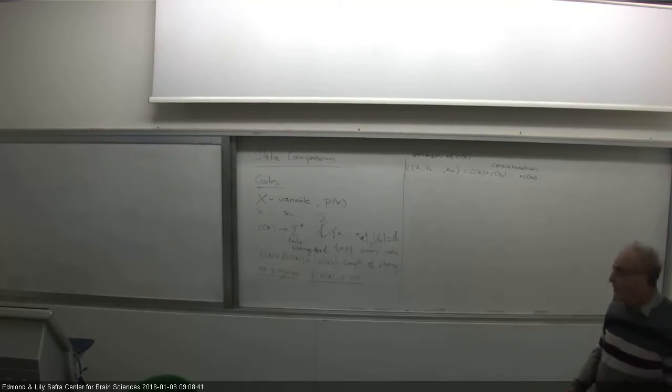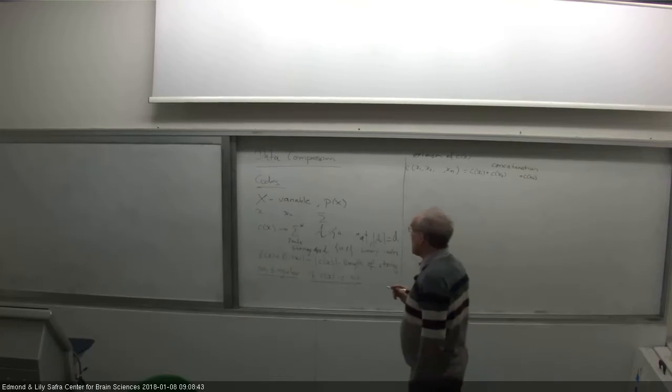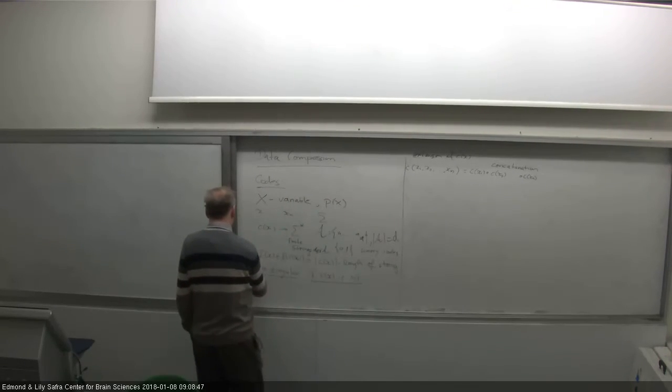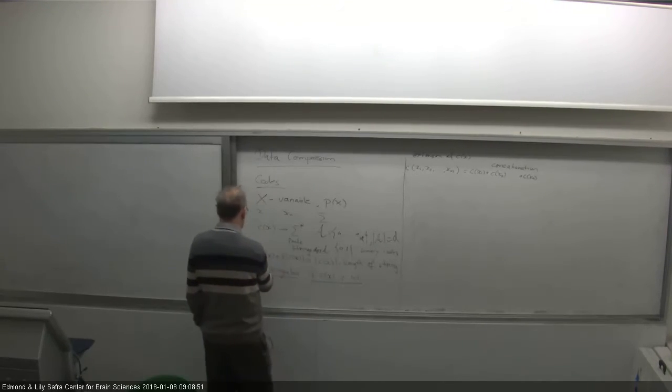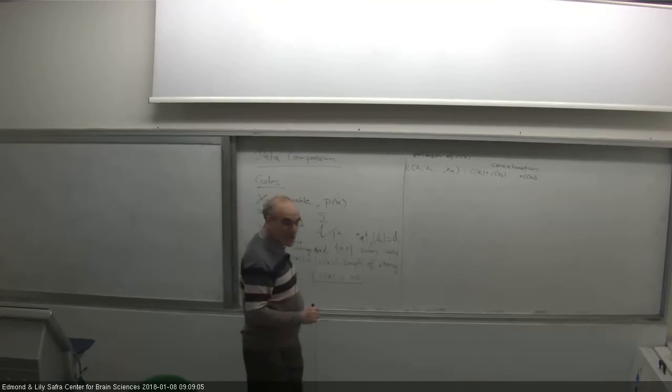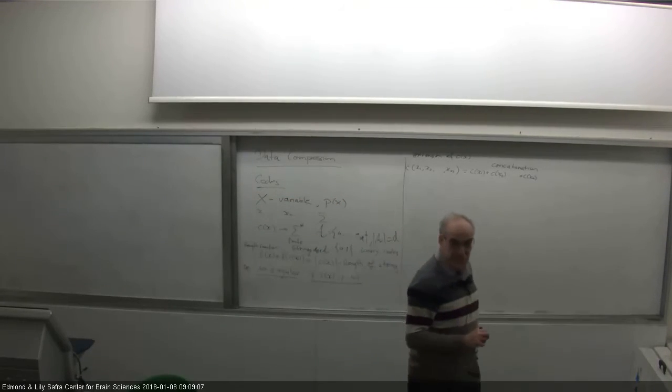Okay? And then we define something, so this was a definition. Everything here is definition essentially. The code function, this is called the length function. So the length function is essentially a map from the values of the variable to the integer numbers, I mean the length of the string.